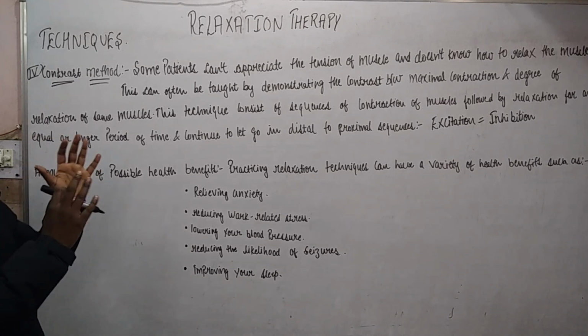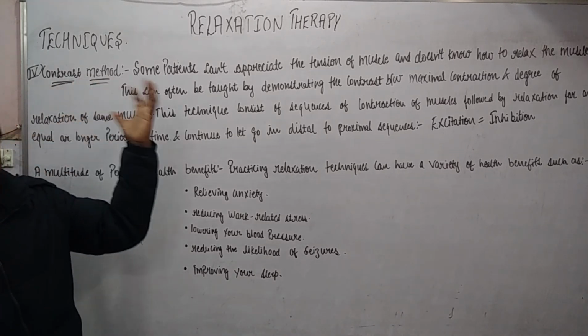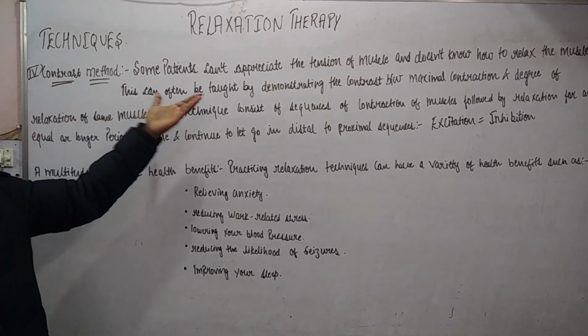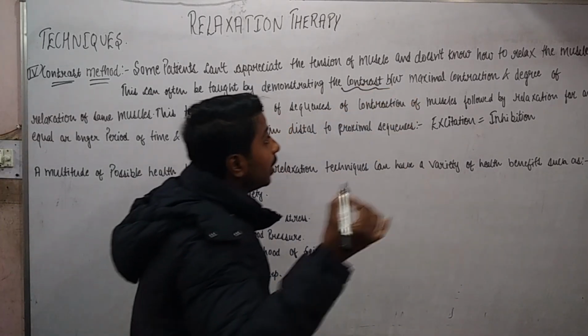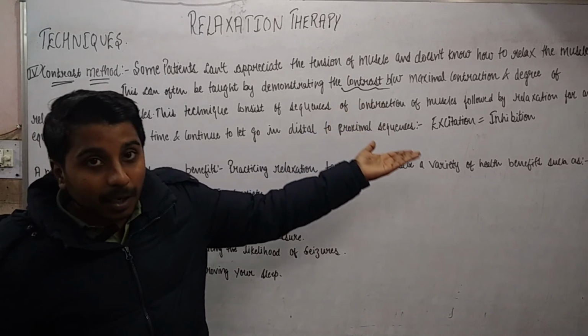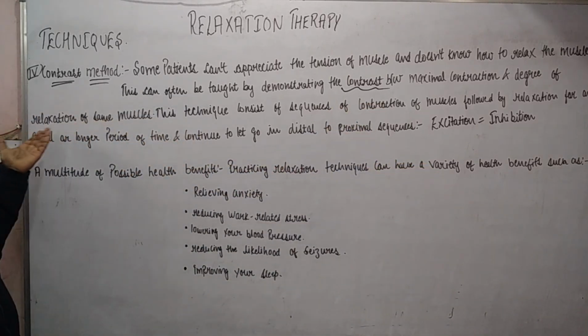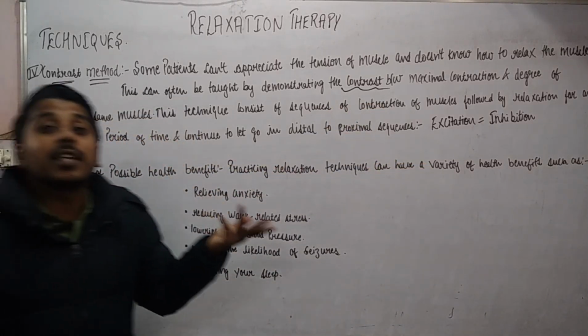But to make the person able to understand both things, this can be taught by demonstrating the contrast, that is the difference between the maximal contraction and the degree of relaxation of the same muscle.